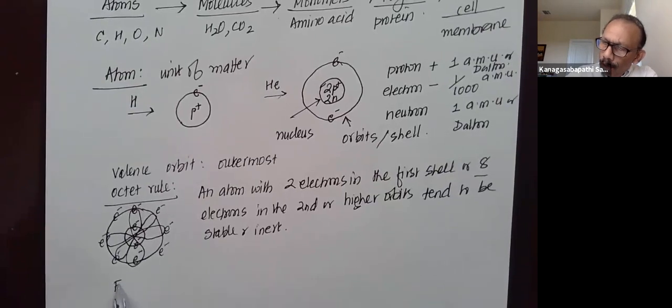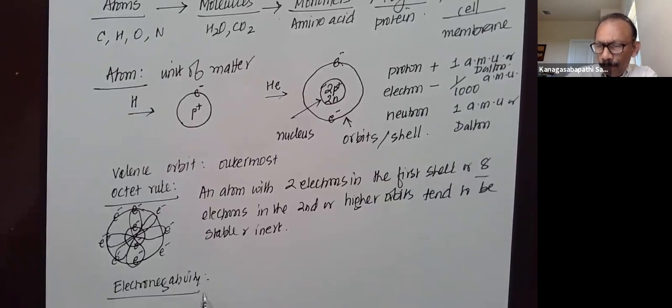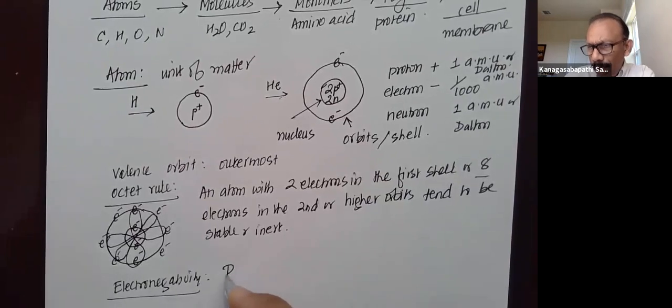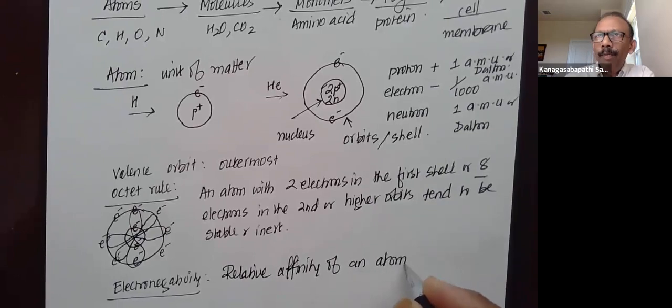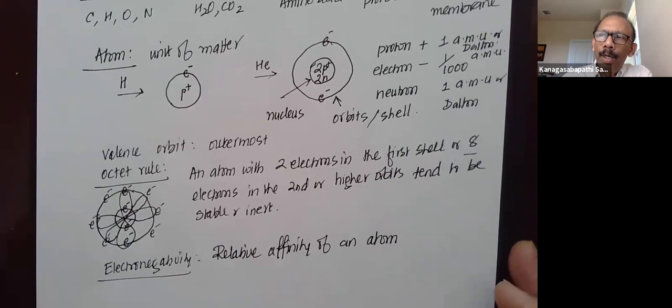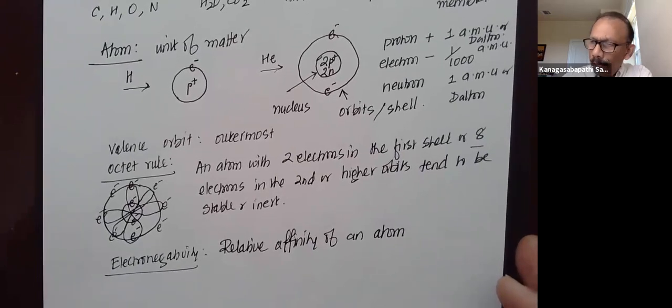And the next one is electronegativity. So this is another concept you want to understand. So this is nothing but the relative affinity of an atom for electrons. And we are not covering the full chemistry. We are just covering the basic chemistry knowledge you need to understand biology and biochemistry. Okay.